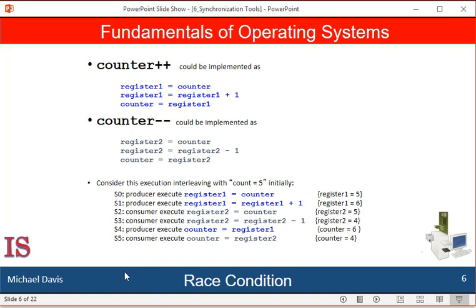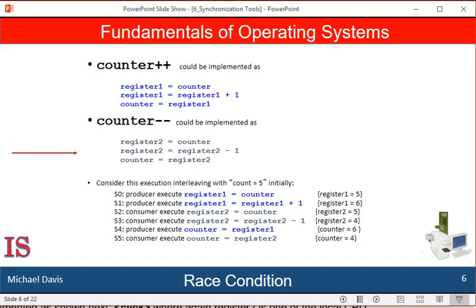Note that the statement counter++ may be implemented in machine language as shown here, where register 1 is one of the local CPU registers. Also, the statement counter-- is implemented as shown here, where again register 2 is one of the local CPU registers.